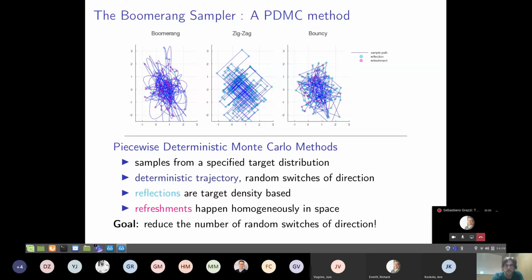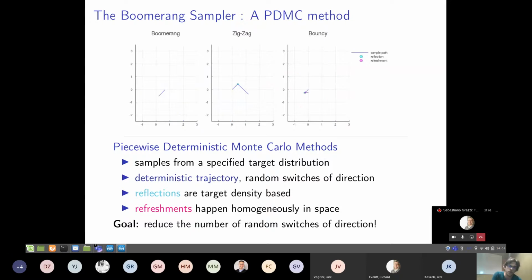So they are elliptical trajectories. And in our work, we show that these often help on reducing the number of Poisson random switches, and therefore to improve the performance of the sampler compared to the zigzag and the bouncy particle sampler.